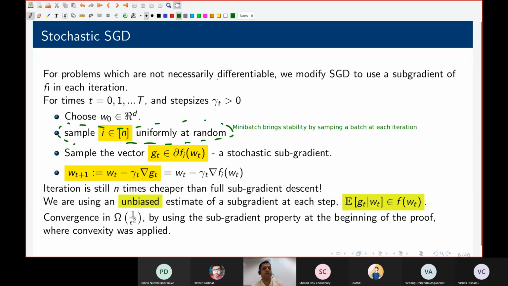So what are the pros and cons? Reduction in variance I've already mentioned as a pro. But what is negative? You won't enjoy the n times cheaper. So the n times cheaper with stochastic will become what with mini batch?